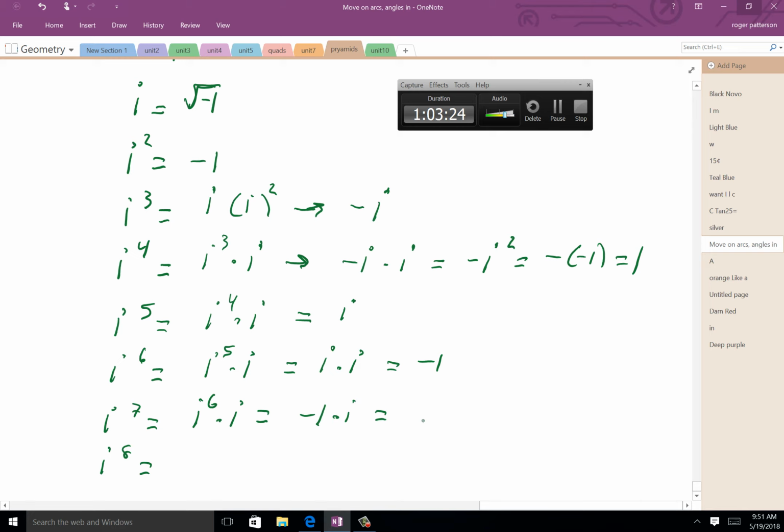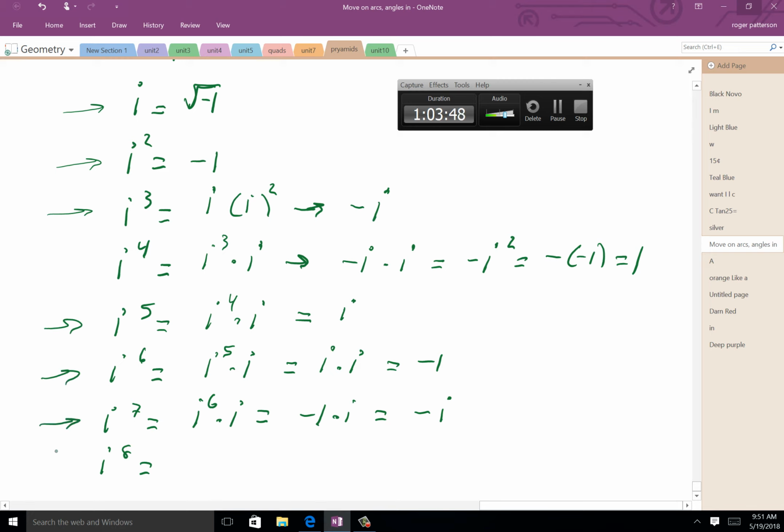So what's that equal to? Negative 1 times i, just negative i. So if we look at this, here's i, negative 1, negative i. i, negative 1, negative i.